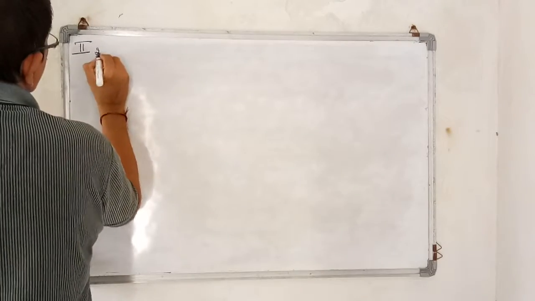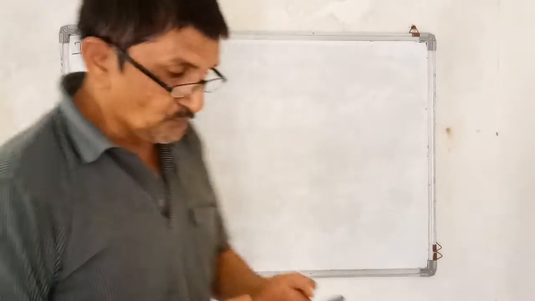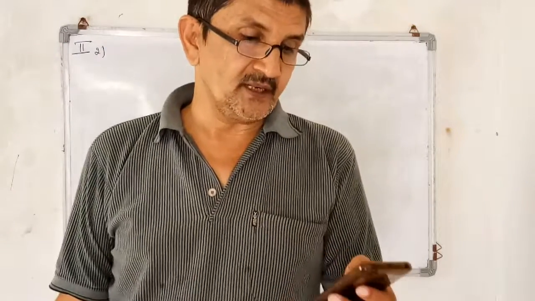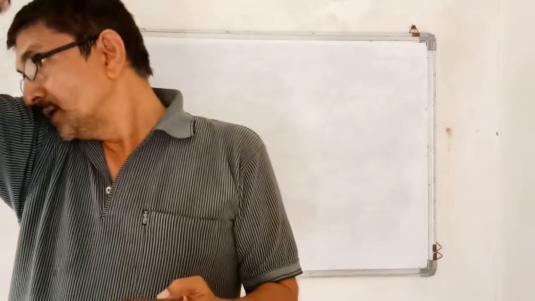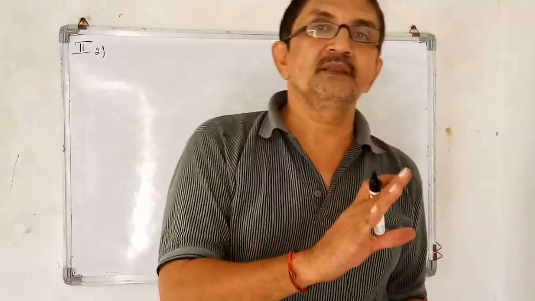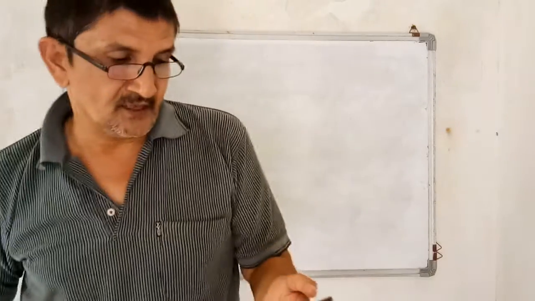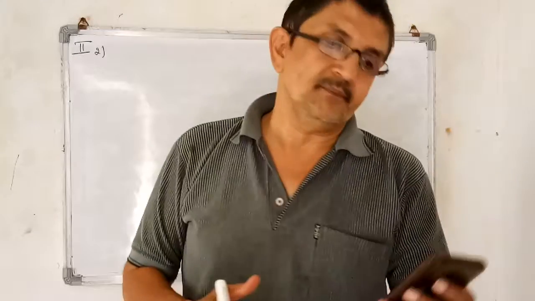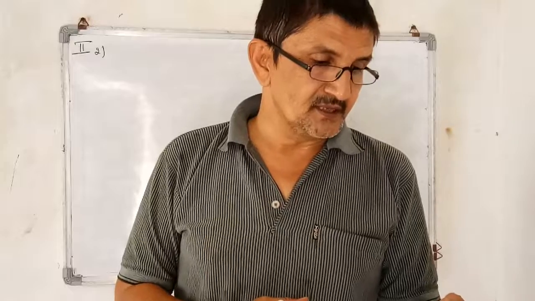Question 2, its second question. 2 women and 5 men can together finish an embroidery work in 4 days. So that means 2 women and 5 men together, that is total 7 persons, work, then one embroidery work is completed by them in 4 days, while 3 women and 6 men can finish the same in 3 days.